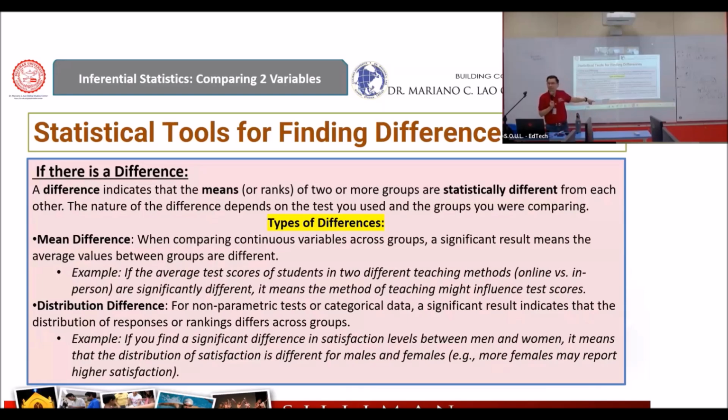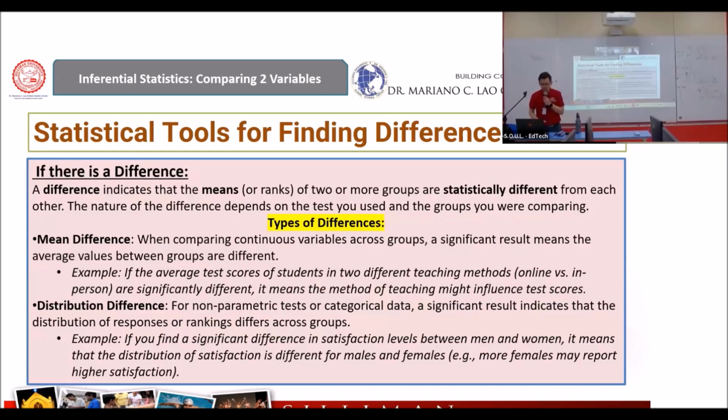Distribution difference: the main difference is you just need one set of respondents, but treated two times, in person and online. Get it now? What's the difference of the mean difference and the distribution?